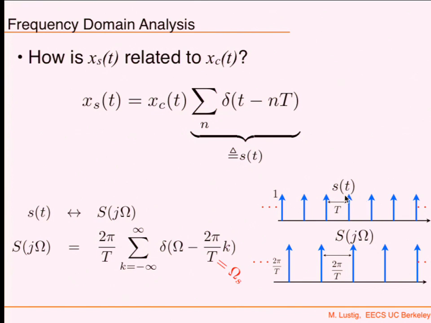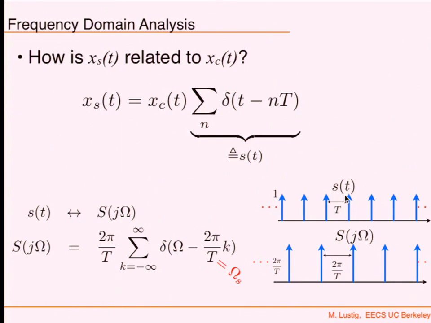So S of j capital omega, you just do a Fourier transform of each one of these delta functions. Well, that's a problem, because if you do a Fourier transform of a delta function, you get a complex exponential, and then you have to sum all these complex exponentials. As it turns out, that's the beauty of this. It's actually not so easy to prove, but you can prove that the Fourier transform of an impulse train is actually an impulse train.